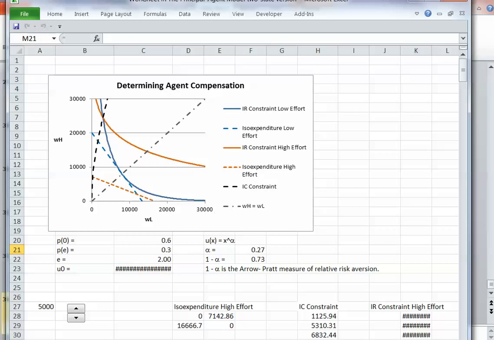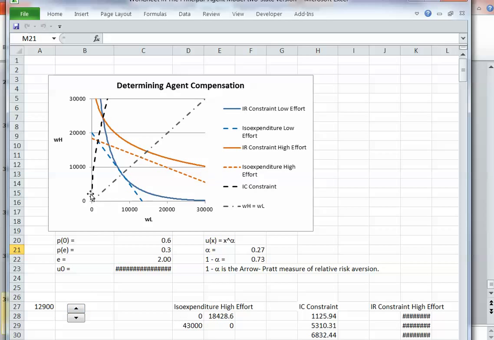And now we have this control here to show the ISO expenditure in the high effort case. And I'm going to keep on raising this. And what's happening, so we're just going to identify where the optimum is.